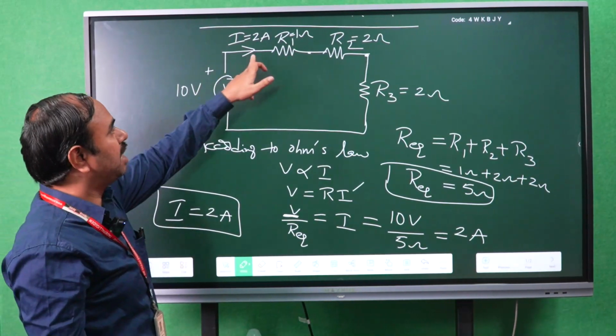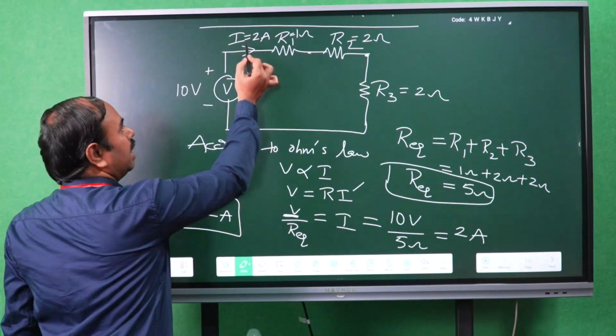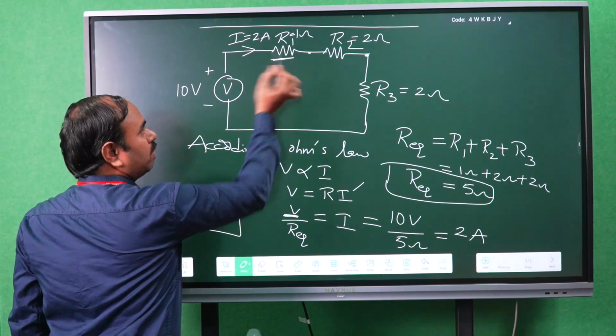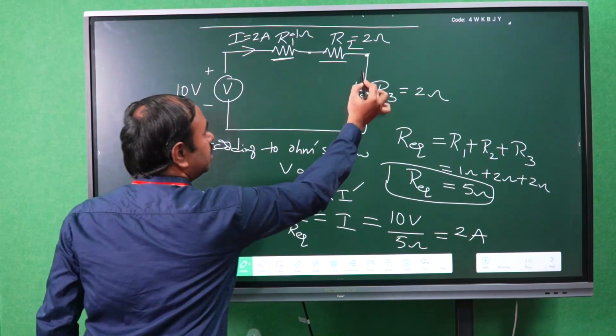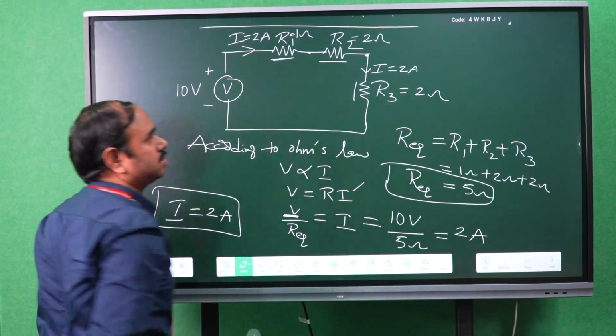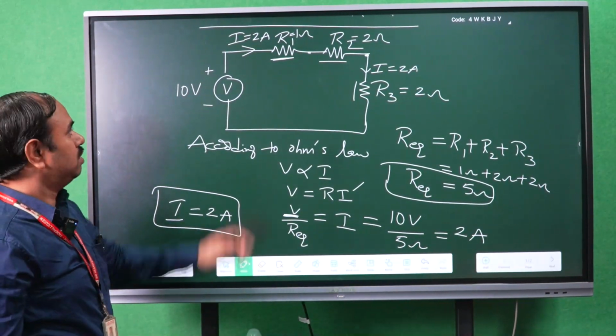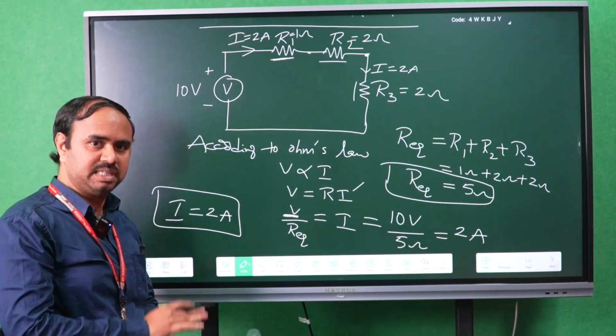Therefore, the same current will flow in the entire circuit. So I is 2 amperes flowing in R1, the same 2 amperes flowing in R2 and the same current flowing in R3. That is 2 amperes. So the current will be the same.